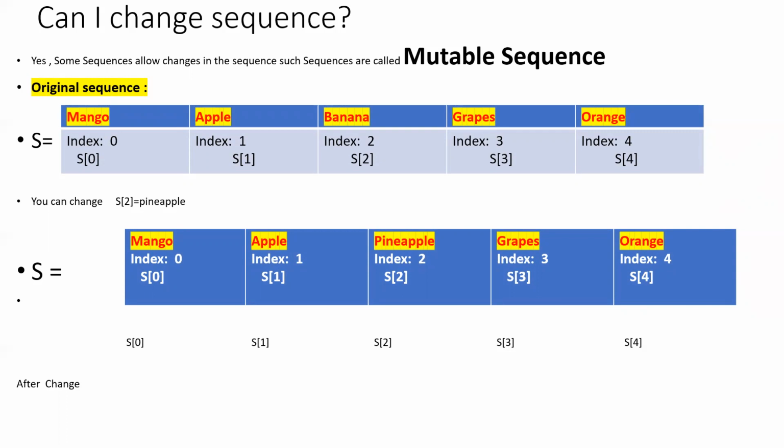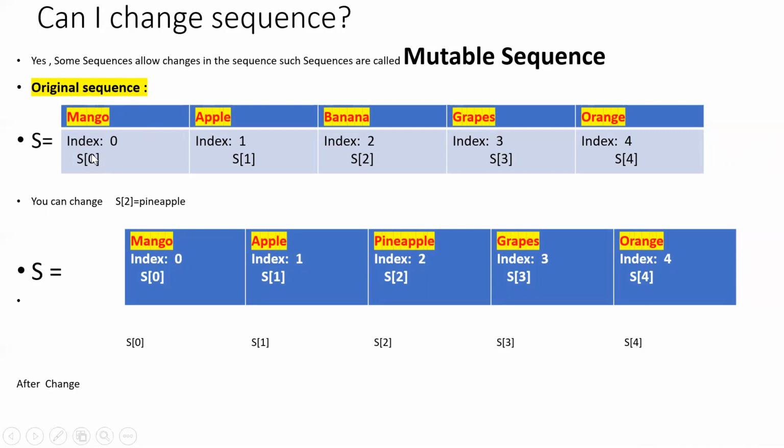How can you access these items? You have to name your sequence. Now I named my sequence as S. If you want to access the first item, you have to write the name of the sequence and the subscript notation, that is, the square bracket. That is called subscript notation.